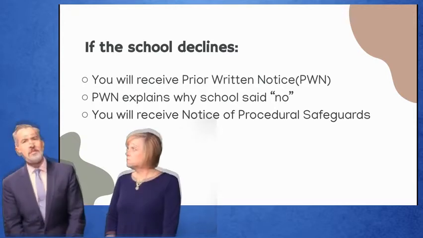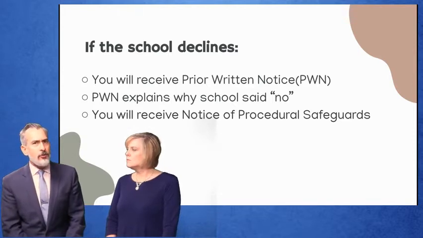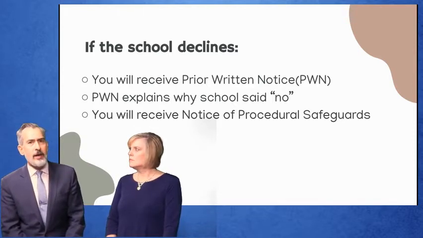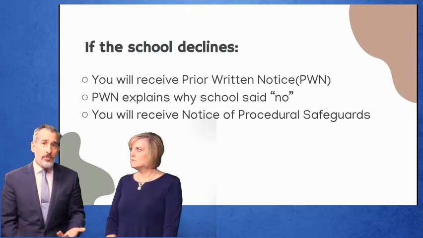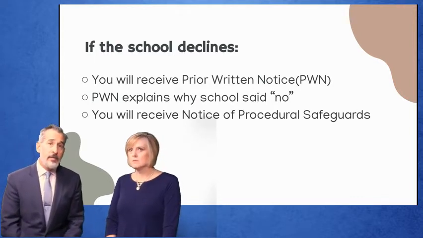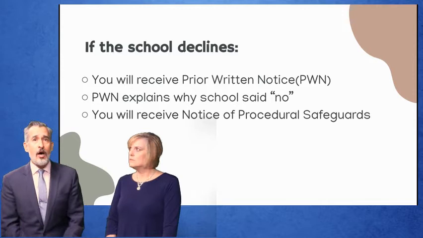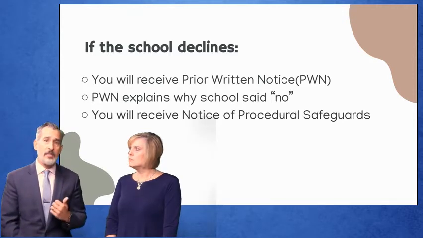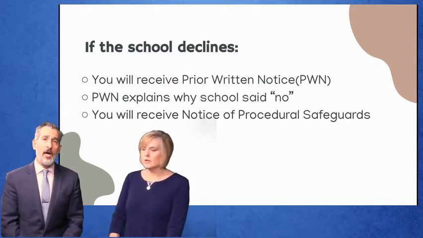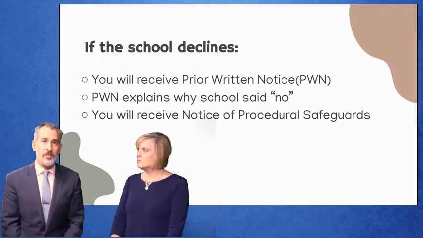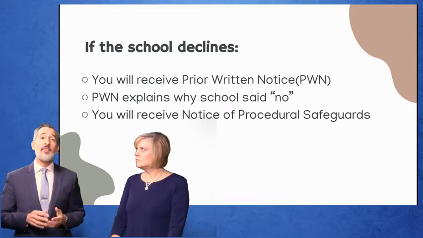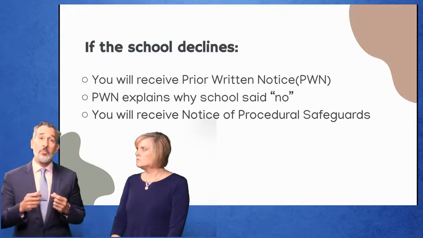So, under the law and under the rules that schools operate by in the state of Texas, a school district could choose to decline to conduct an evaluation because they don't feel that the child has a disability and requires special education services. But it's important to know that they have a responsibility to explain that.